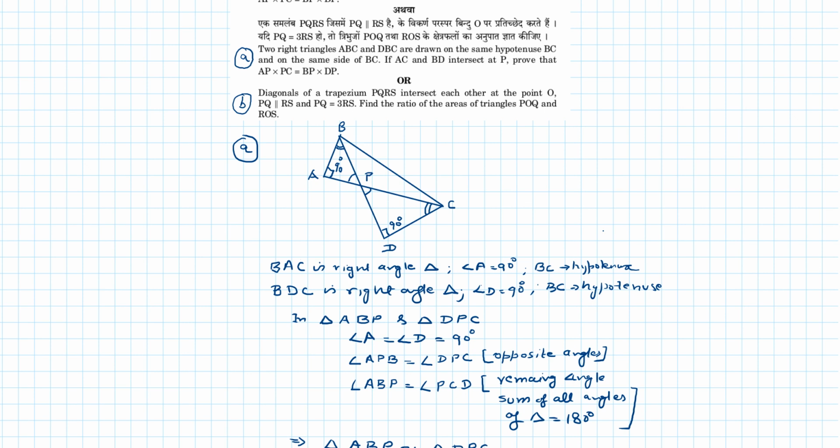What we are supposed to find or prove is, if AC and BD intersect at P, अगर ये दोनों साइड यहाँ intersect कर रहे हैं, prove that AP into PC is equal to BP into PD. How we prove that?